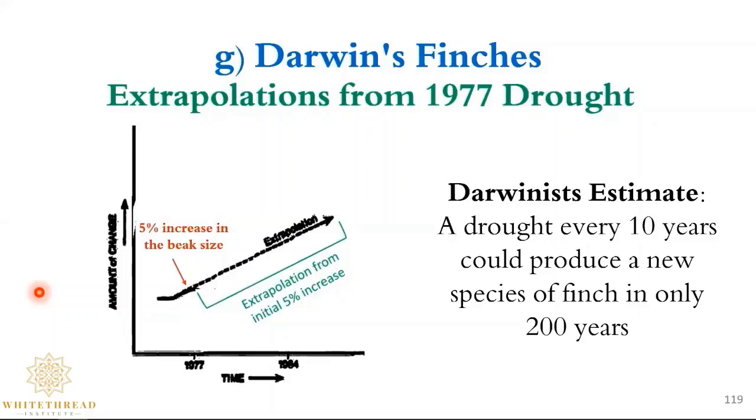Darwin's estimate was that a drought, if it were to occur every 10 years, could produce a new species of finch in only approximately 200 years. So if we had a drought every 10 years, this extrapolation would lead to a speciation event in the beak shapes of these birds on the Galapagos Islands.